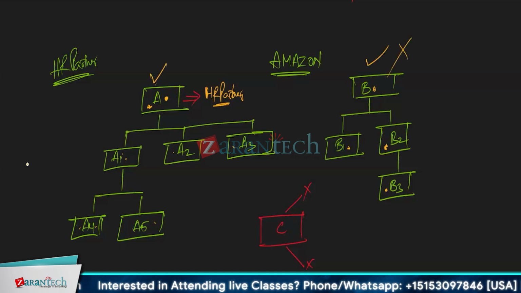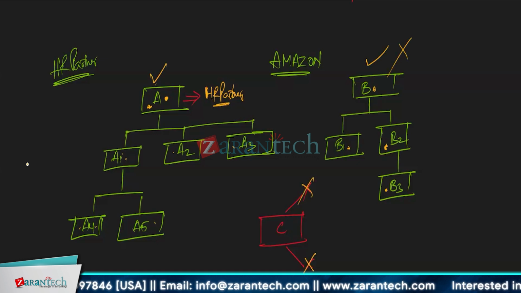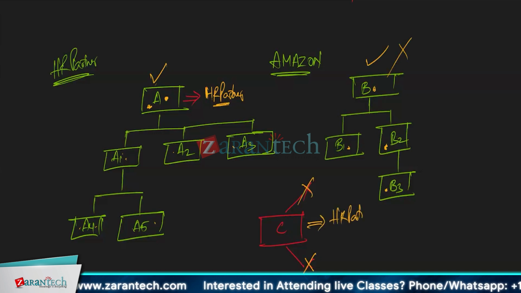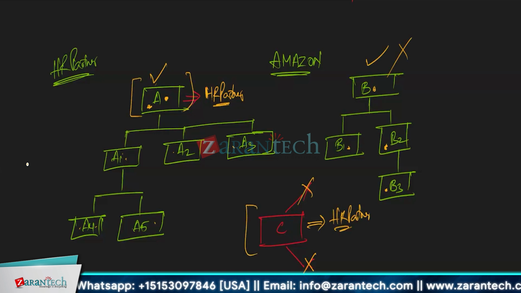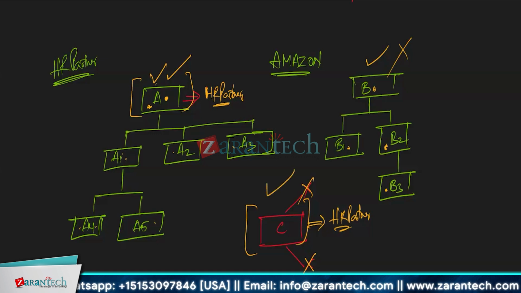Now let us see C. Is C assigned as a subordinate to anyone? No. Is C assigned as a superior to anyone? No. So it will also assign HR partner here. So Nikhil will be an HR partner for supervisory organization A as well as supervisory organization C. A, because Nikhil was assigned as HR partner on the current organization. C, because Nikhil was assigned as HR partner for an unassigned org.